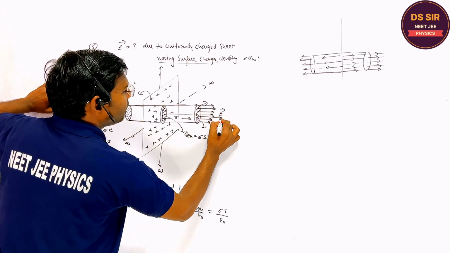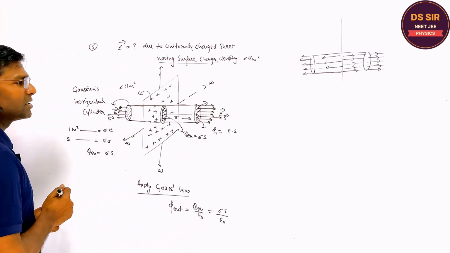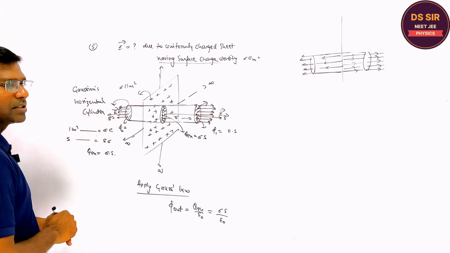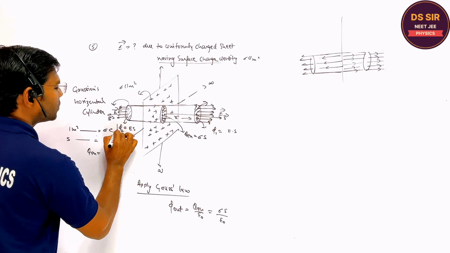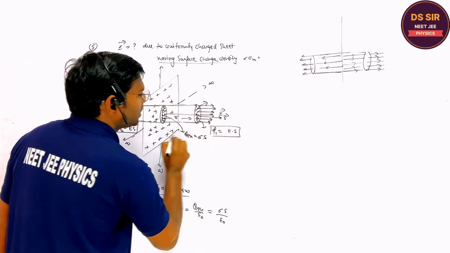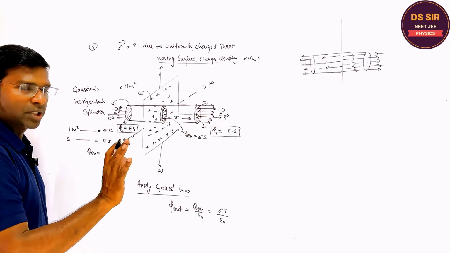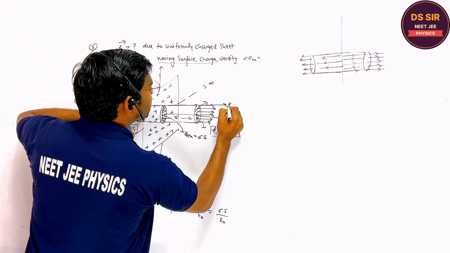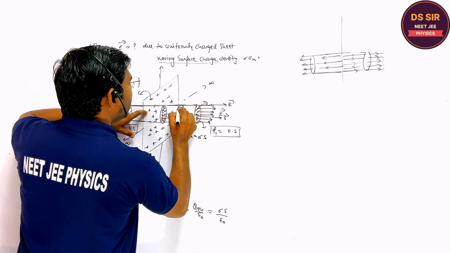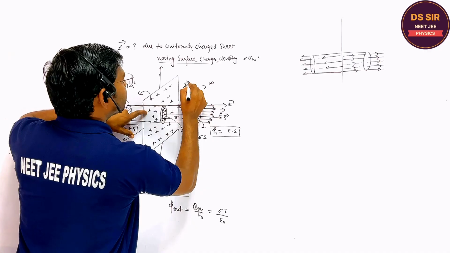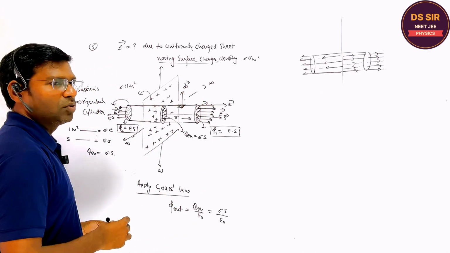Here also the area vector and the electric field are in the same direction. If you consider the flux phi 2 linked with the surface, E into S will again be the electric flux. And what about this? The electric field is in this direction, and if you consider the elemental surface area like this, this is the dS vector or the S vector, whatever you write.